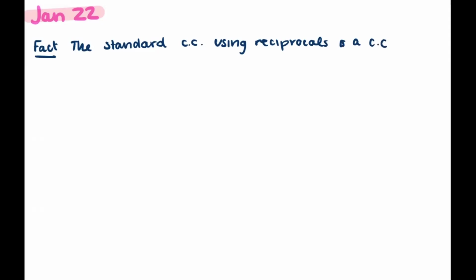We had this thing called the standard collapsing collection using reciprocals, and the fact was that this actually is a collapsing collection. So the standard collapsing collection, which I'm going to abbreviate as CC, using reciprocals, is a collapsing collection.